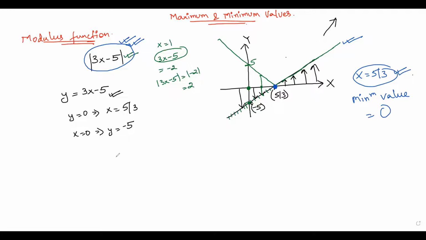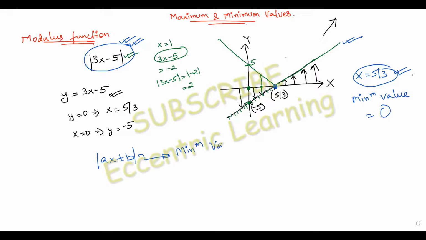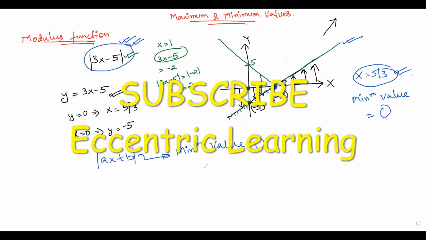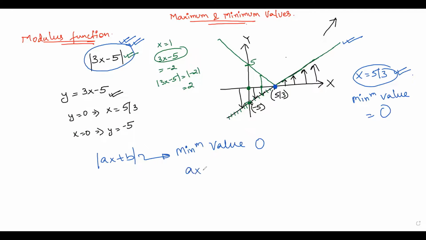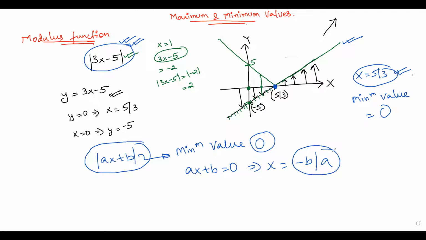So if we generalize this and consider a generic modulus function as |ax + b|, in that case we can say that this modulus function will always have a minimum value of 0, and it will have the minima point simply at ax + b equal to 0, that is at x equal to -b/a. So for the modulus function |ax + b|, it will always have a minimum value of 0, and the point at which it will attain a minimum value would be simply x equal to -b/a.